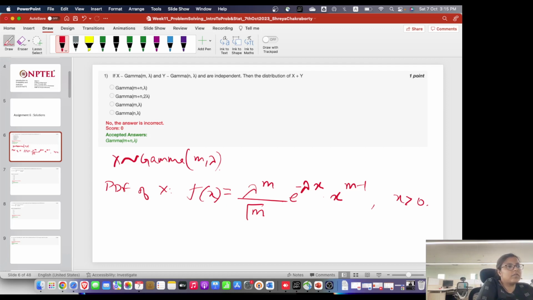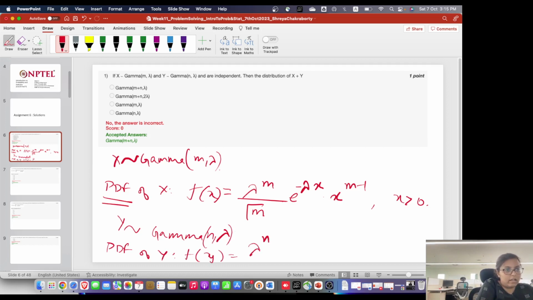This is the form of the PDF. Y also follows gamma(n, lambda), so the PDF of y is f_Y(y) = lambda to the power n by gamma n, e to the power minus lambda y, y to the power n minus 1, where y is greater than 0.